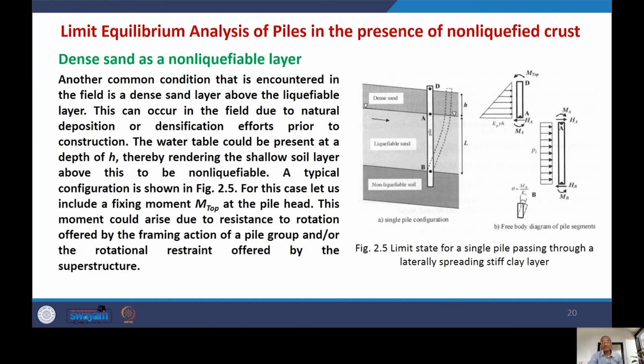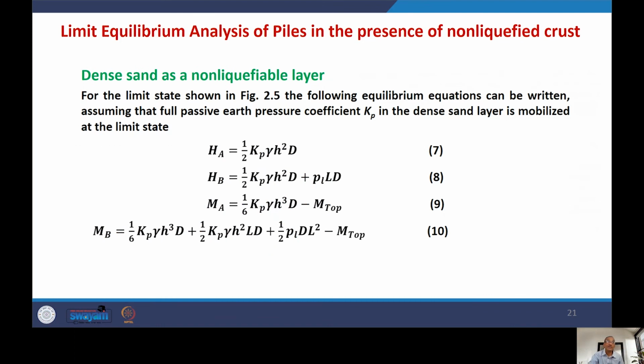Now based on this, there are some formulations when you have dense sand as the non-liquefiable layer, for limit analysis of piles in the presence of a non-liquefied crust. For the limit state shown in figure 2.5, the following equilibrium equations can be written, assuming that the full passive earth pressure coefficient Kp in the sand layer is mobilized.